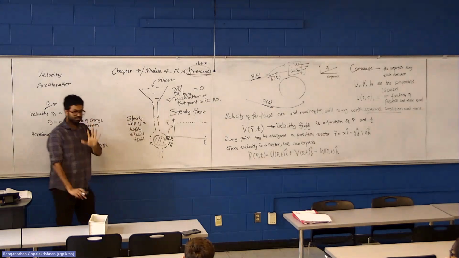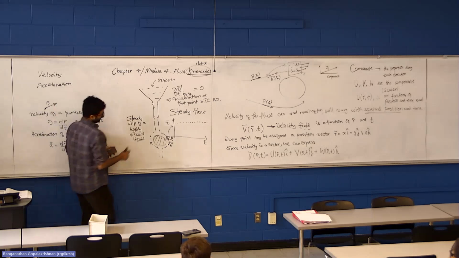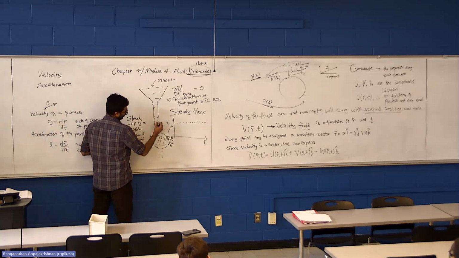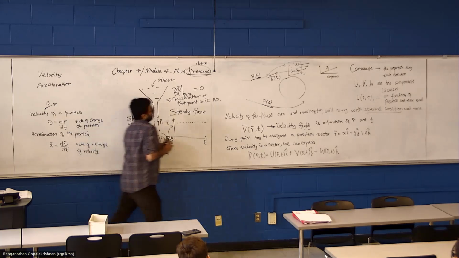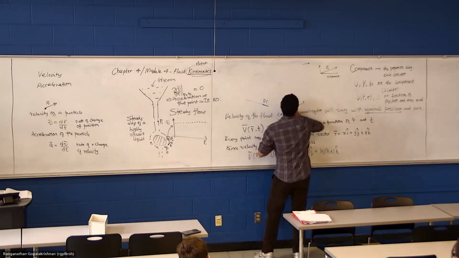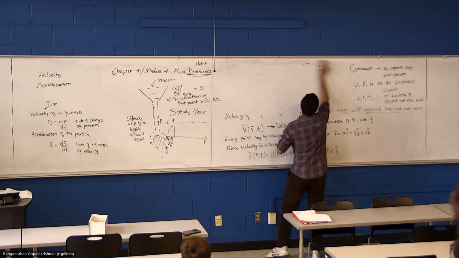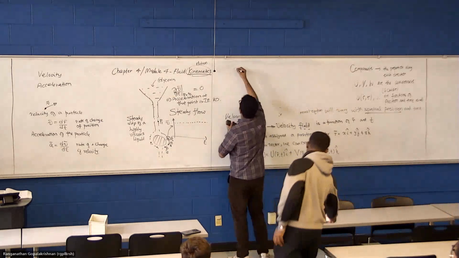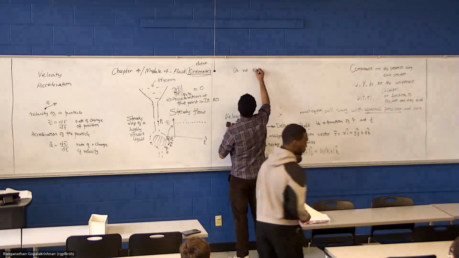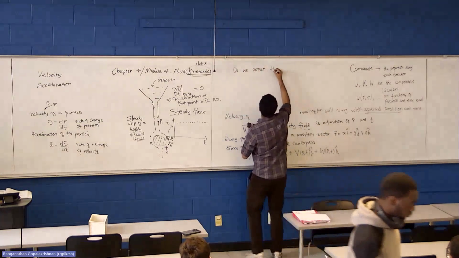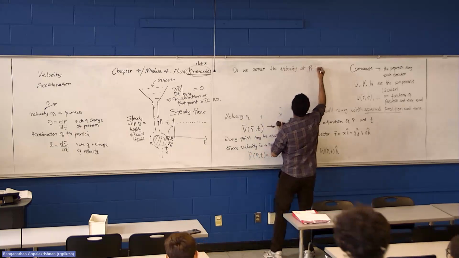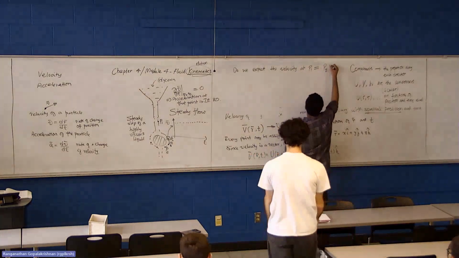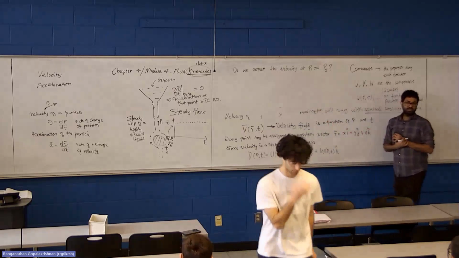Good? Okay, so now tell me, do we expect the velocity of the fluid at, let's say, this point, we'll call it P1, and another point, we'll call it P2, do we expect the velocity at P1 equal to the velocity at P2?